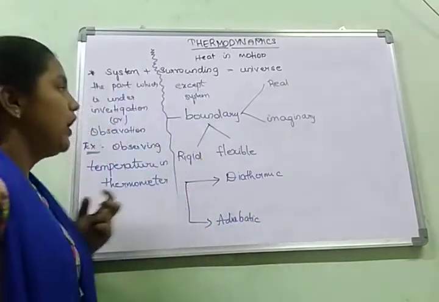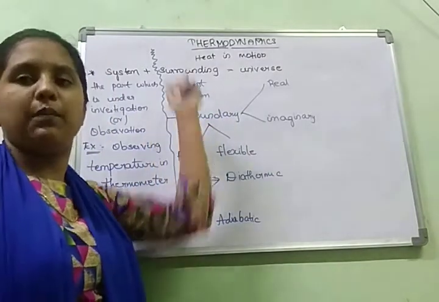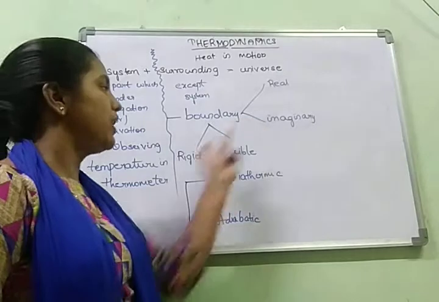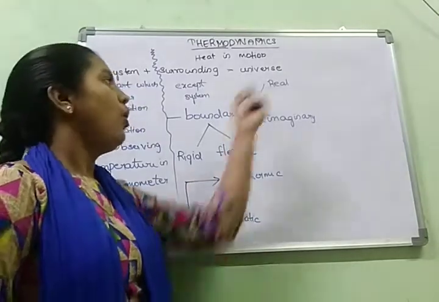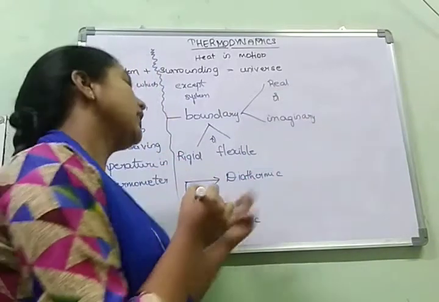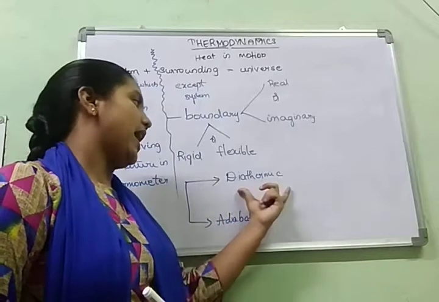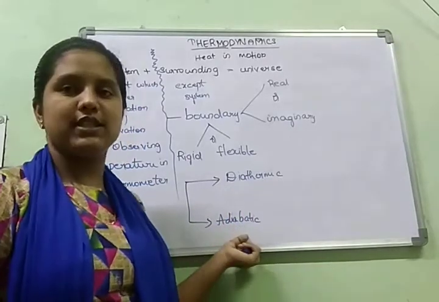The system and surrounding are divided by a boundary, which can be rigid or flexible, real or imaginary, but the system can be divided into two types, diathermic system and adiabatic system.